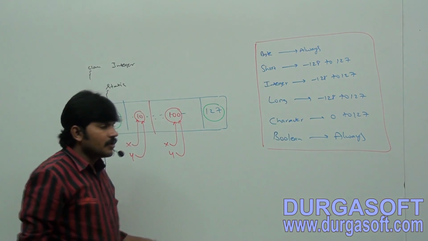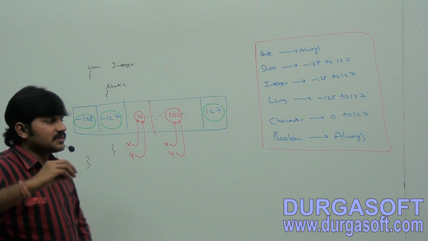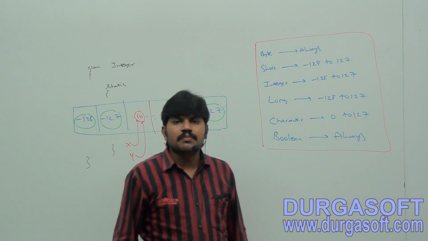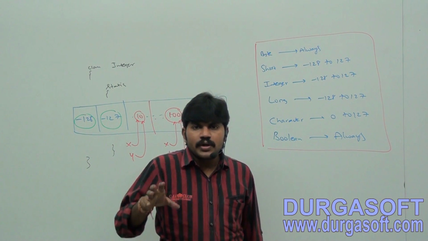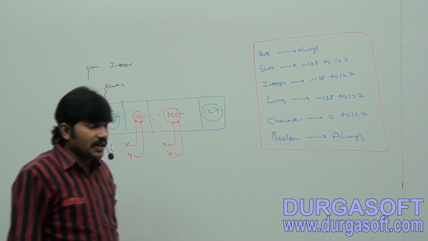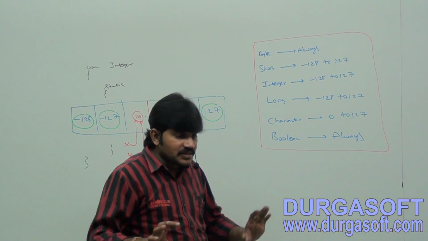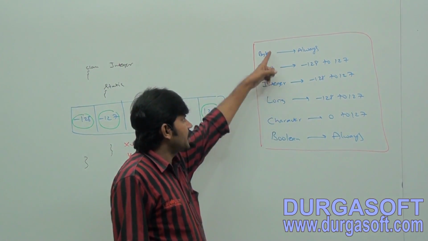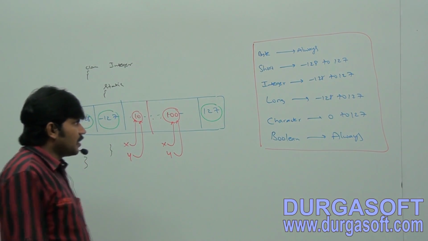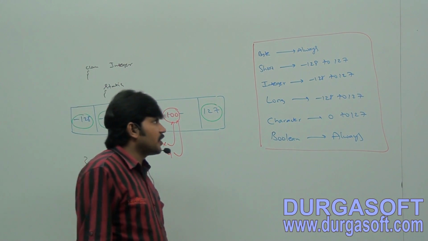Okay, at this point, the buffer concept is available only in the following ranges. Take this one: byte, always. Short, minus 128 to plus 127.